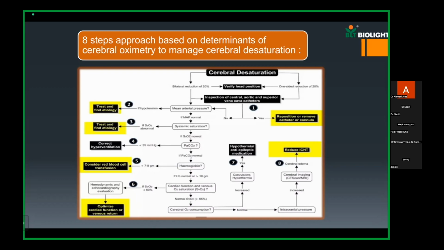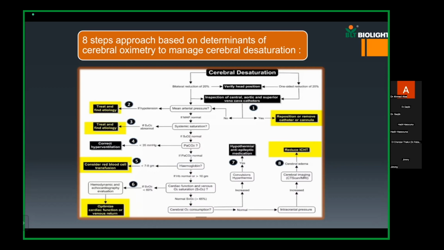If it doesn't, we depend on the mean arterial blood pressure to find the etiology. Then our third choice, if sustained desaturation, we check the mean arterial blood pressure and the systemic saturation. If it's abnormal, we treat the etiology. Fourth step, if the systemic saturation is normal, we go for carbon dioxide, to correct with hyperventilation.